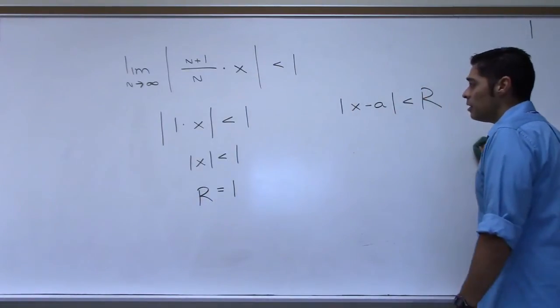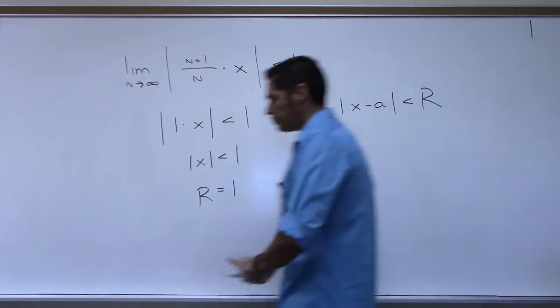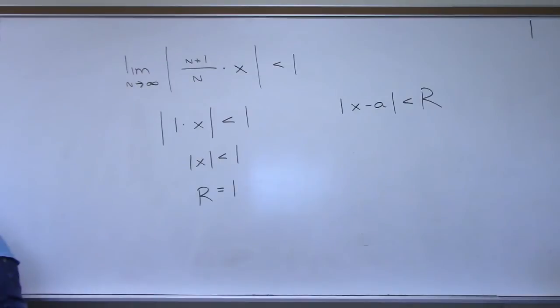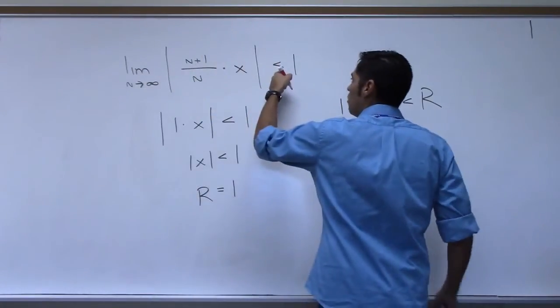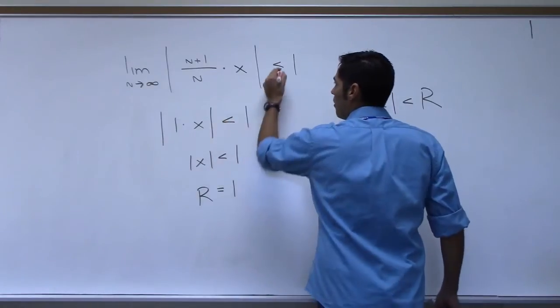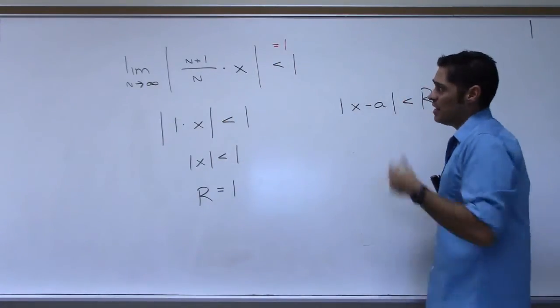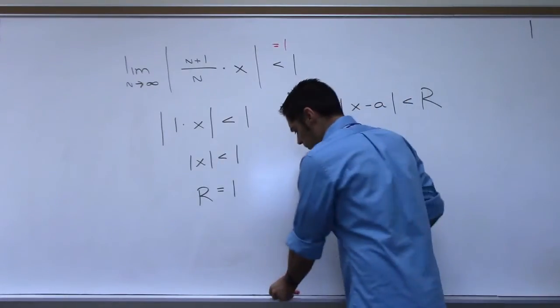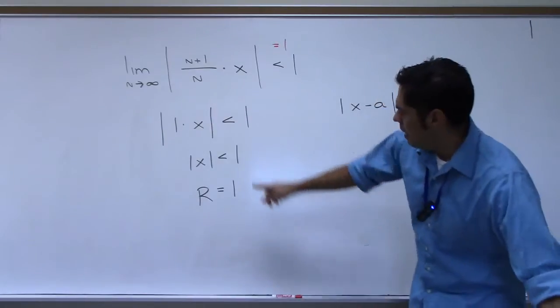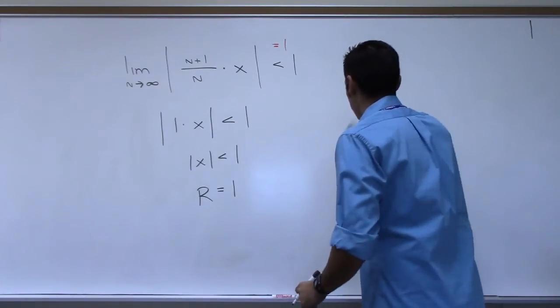Now to find the interval of convergence, what I need to look at is what would happen if this limit were equal to 1. Remember, if this is equal to 1, the ratio test is inconclusive. So I ask myself, what happens if this is 1? This is where we get our interval of convergence from.